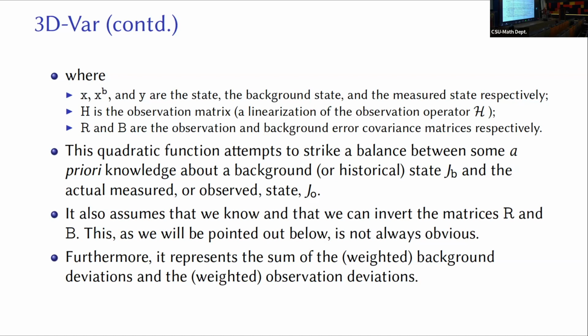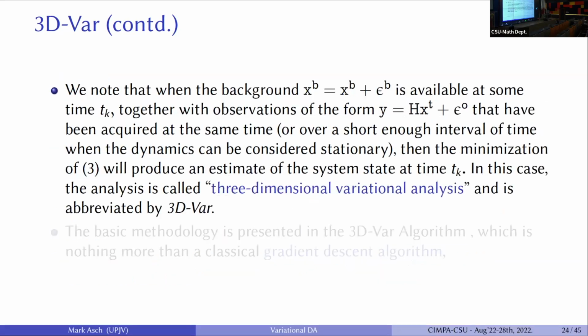Okay, so what we've seen is we have a sum of the weighted background deviations and the weighted observation deviations. So that's the secret of variational data assimilation, that we have both the measurements or the predictions and the observations that are taken into account.